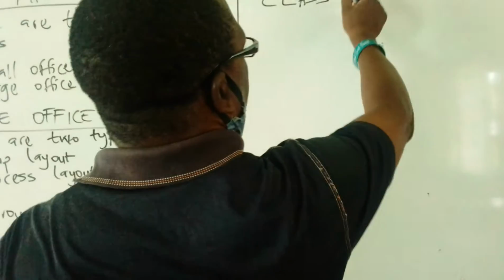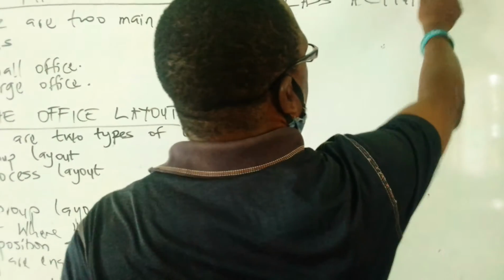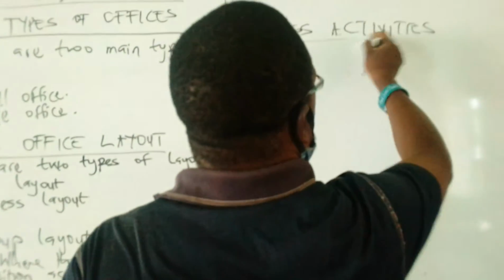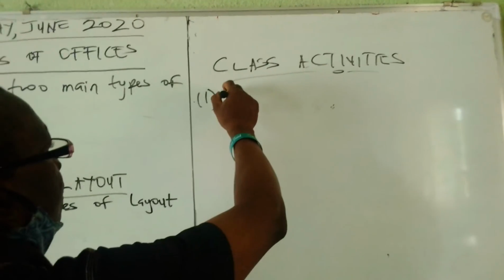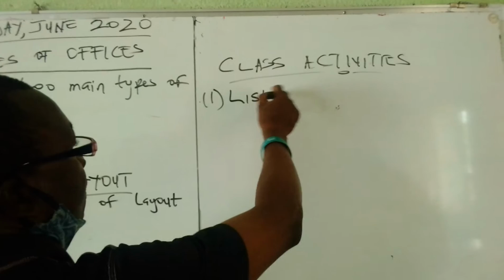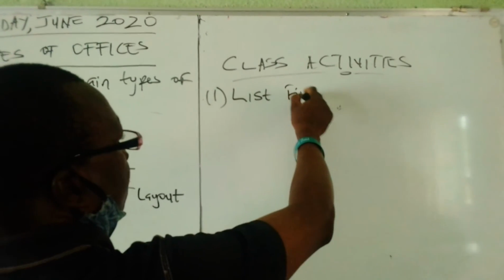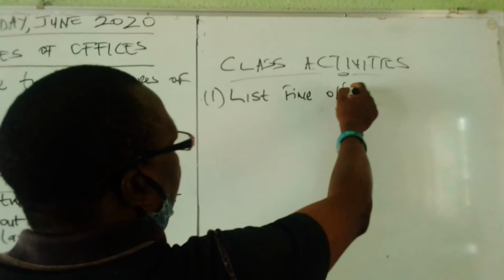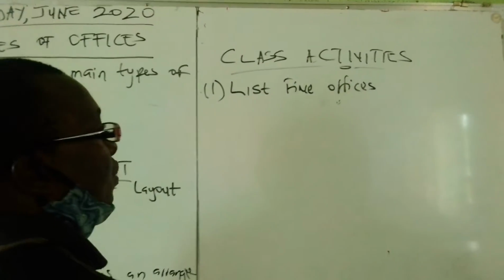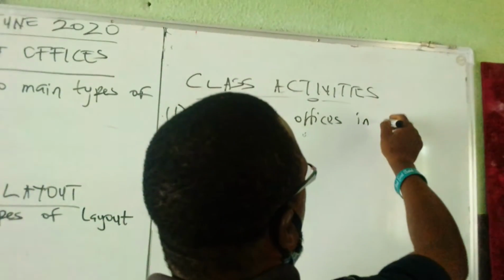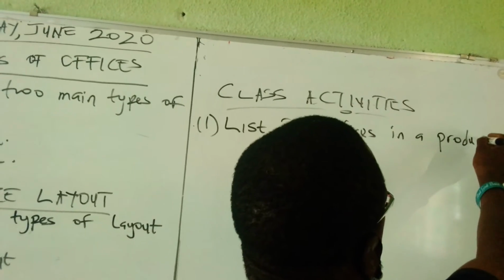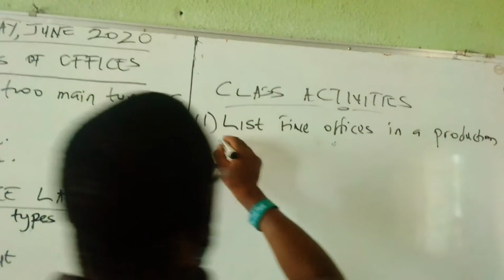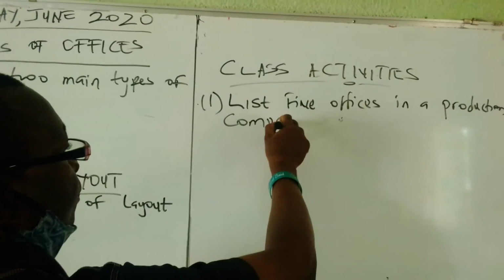For your class activity, 1, list 5 offices in a production company.